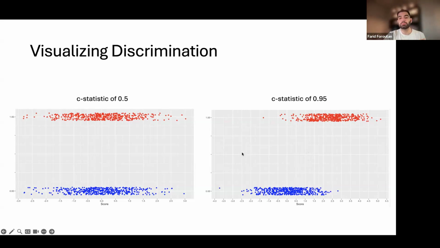But you can start to appreciate that there are ranges of people with particular scores where when this score is assigned to them, by and large, most of them haven't had a stroke. And in the higher ends of the score, if the model assigns the score, by and large, most of these people have had a stroke. So there's better separation between the people who've had the event and the people who haven't had the event.